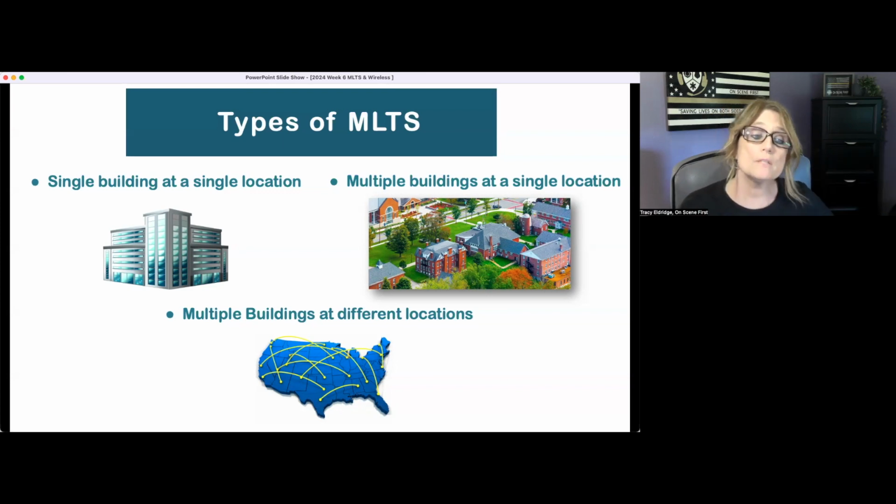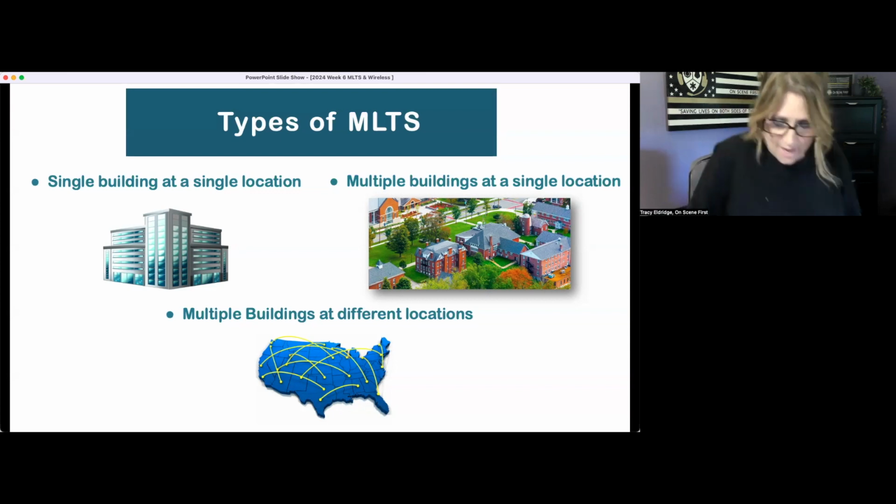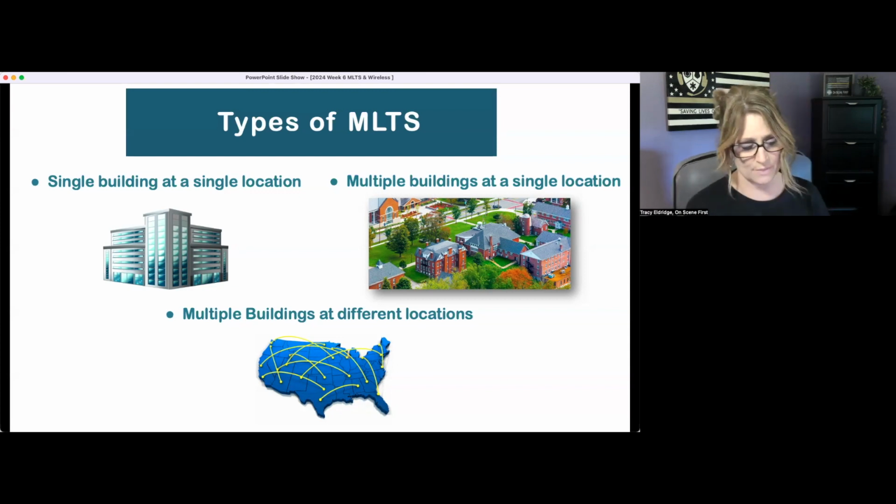And then you have multiple buildings at different locations. I can't remember if it was the Dollar Tree, Dollar General, one of them. There was an agency where I was teaching a 911 class and we were talking about this.